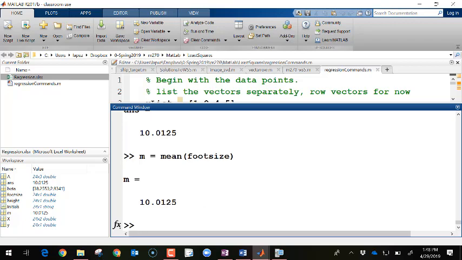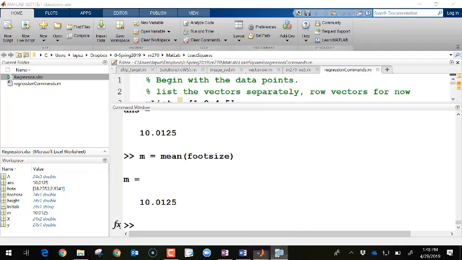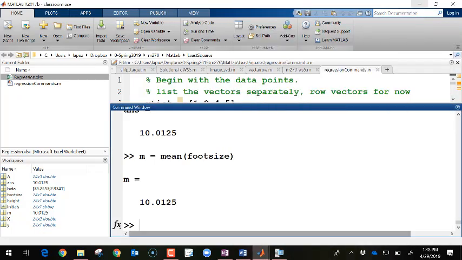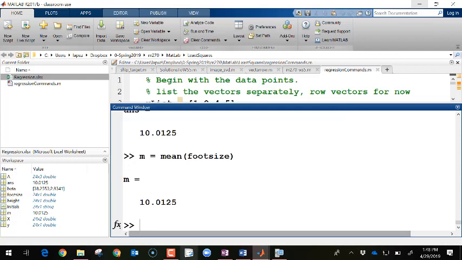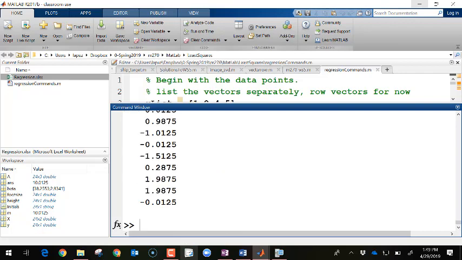Now, if we take our foot size vector, and subtract M, that is X minus X bar. I wonder if this is going to do it properly. X new is foot size minus M. It's probably going to give me an error.